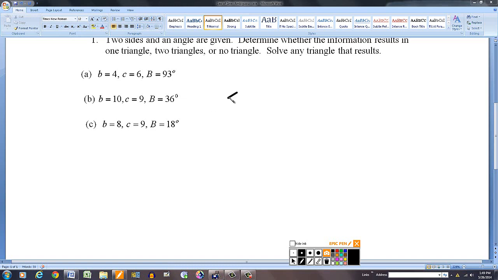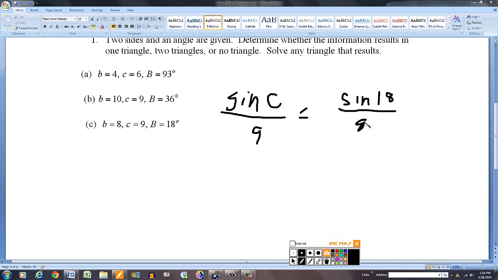So it makes sense then to say that the sine of angle C divided by 9 should equal the sine of 18 degrees divided by 8. Okay, so here you want to solve for angle C.